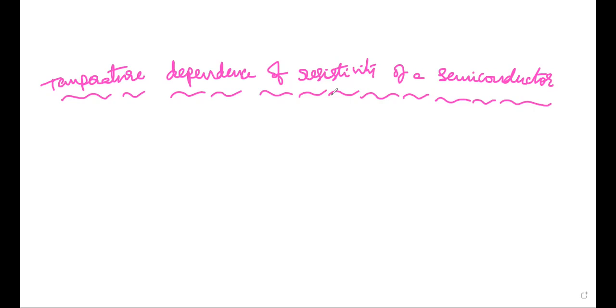So the intrinsic semiconduction: in intrinsic semiconductors, the process in which thermally or optically excited electrons contribute to the conduction is called intrinsic semiconduction.